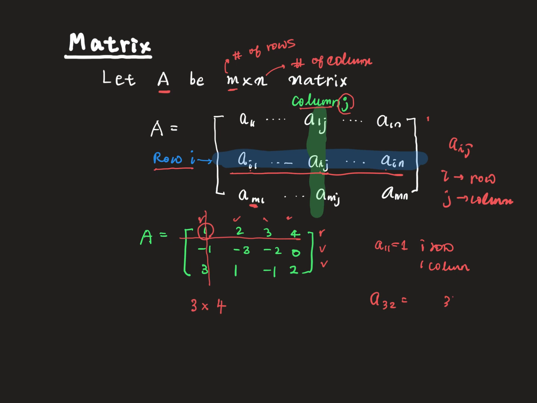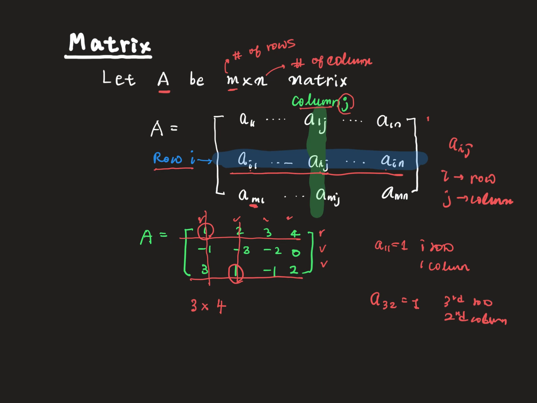Third row, second column. That represents 1, guys. That's how to find an entry in the matrix. The first index represents the row, the second represents the column.